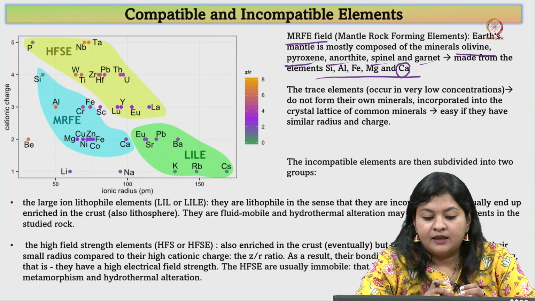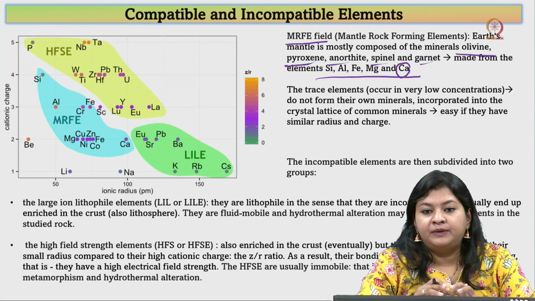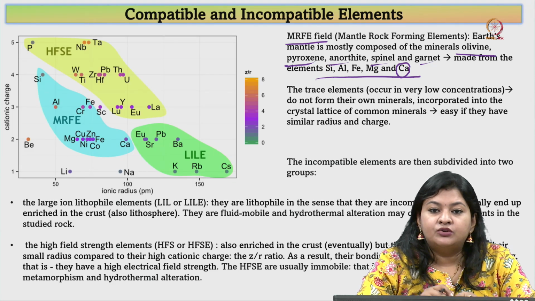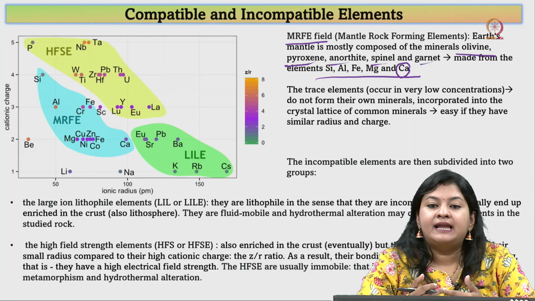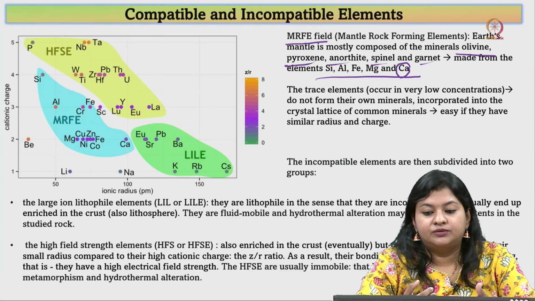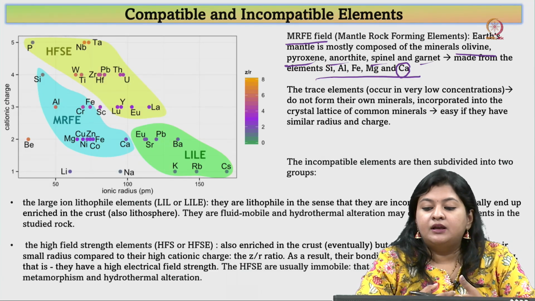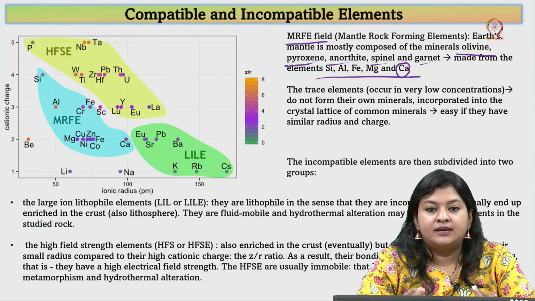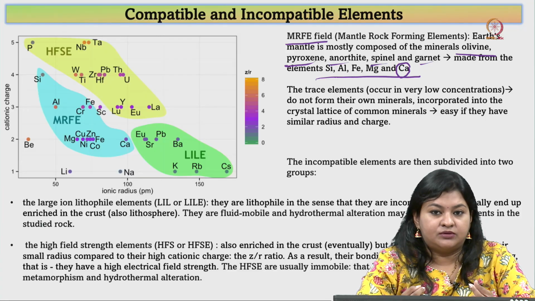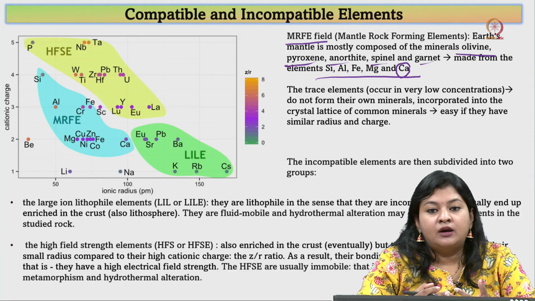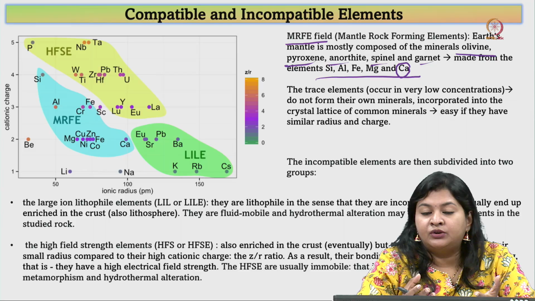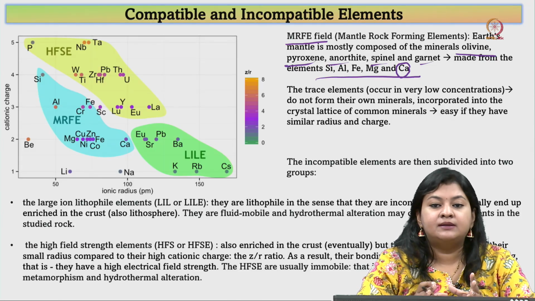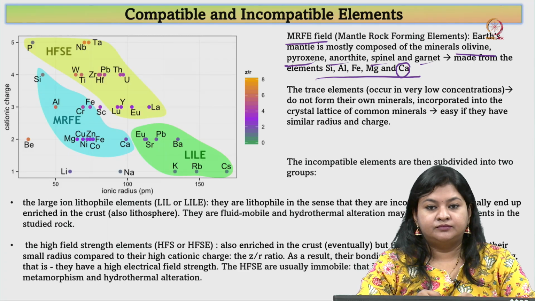If the atomic position allows that kind of substitution, then often we see similar elements will substitute. That is why they will be present as impurities, in trace amounts. They will not form minerals of their own, because they are so low in quantity, they will just be present as impurities.